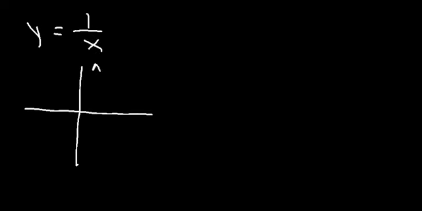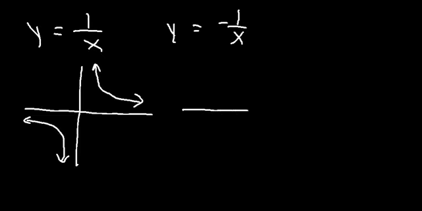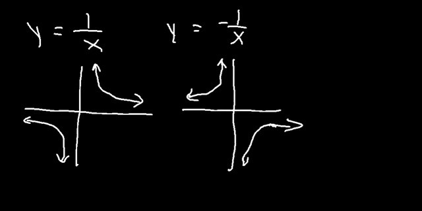Now let's say if you have 1 over x. The parent function for 1 over x looks like this. And if you have -1 over x, it looks like this. It reflects over the y or the x-axis. Doesn't matter, it'll be the same.